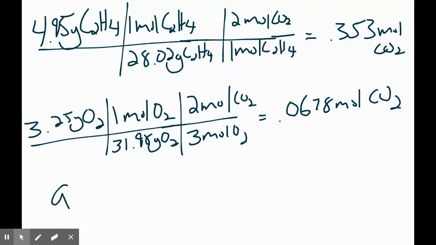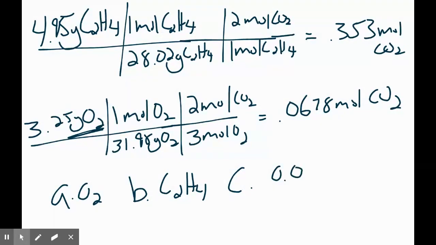So the limiting reactant is the reactant that produces the least amount of product. So in that case, that would be O2. The excess reactant is C2H4, and the amount of CO2 produced is 0.0678 moles of CO2.